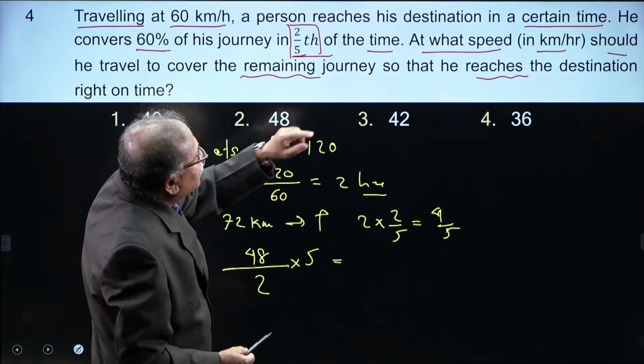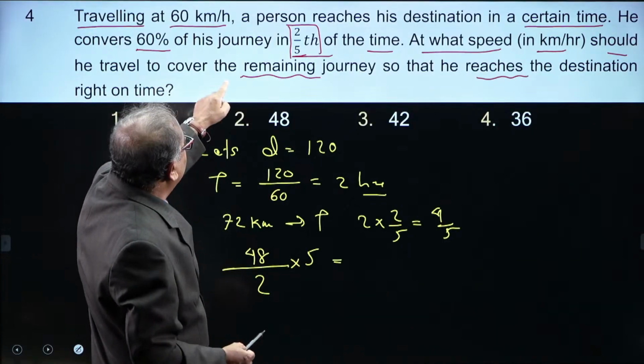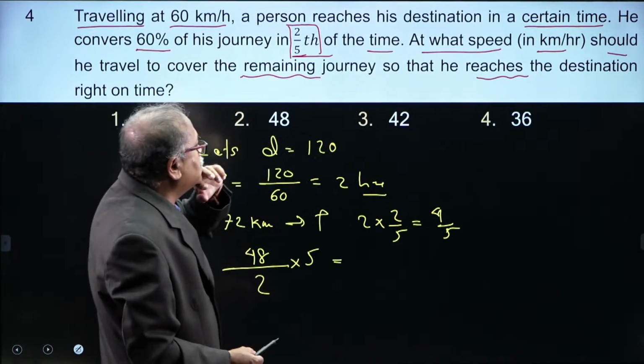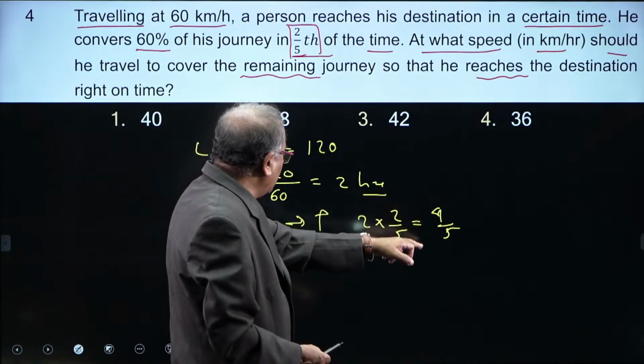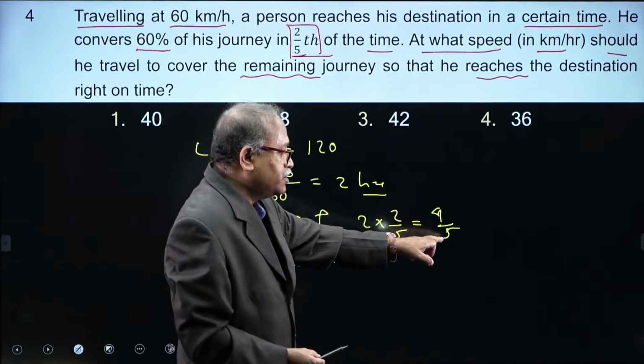Let me read that. At what speed in kilometer should he travel to cover the remaining distance so that he reaches the destination on time? Out of 2 hours, 4 by 5 hours is over.